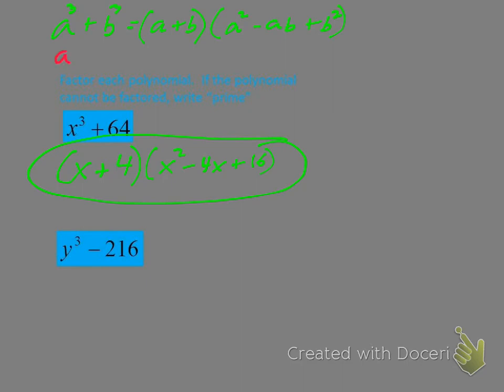Okay, so your second one then is a difference. So now we need difference of cubes. The same letter pattern, right? A, B, A squared, A, B, B squared. The sign of the binomial is the sign that's ahead of you, so minus.